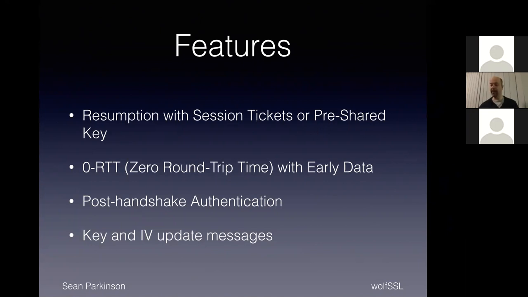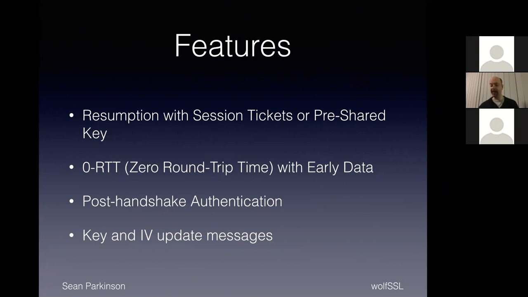There's been a new and controversial feature added to TLS 1.3, called zero round trip time handshake with early data. This handshake has the client sending application data protected by a key derived from a previous session, including in the client hello. This means you can get small amounts of data from the client immediately rather than waiting for the handshake to complete.